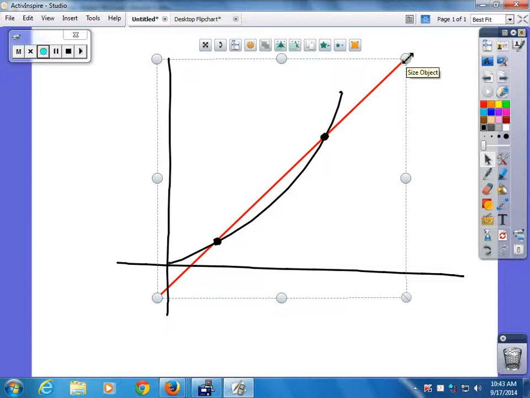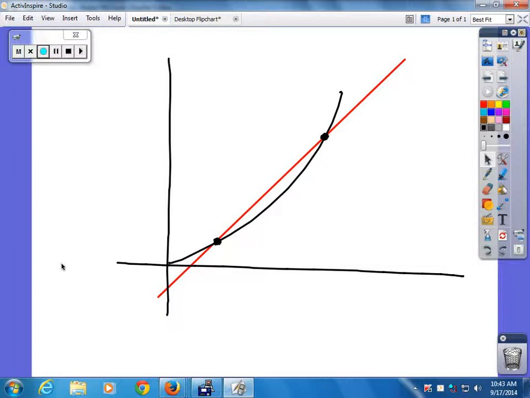There. Is that good enough? All right. Now, that is called a secant line. It's called a secant line because it's on the interior of the curve.